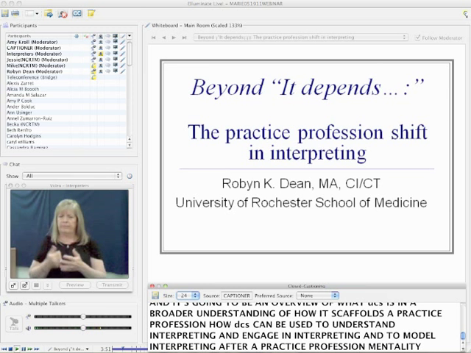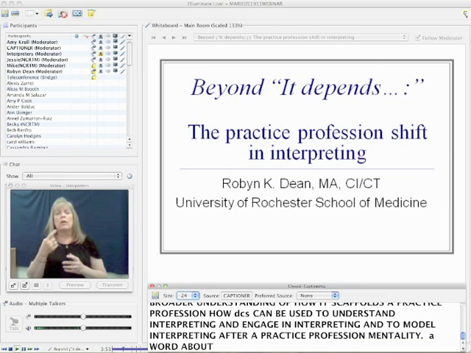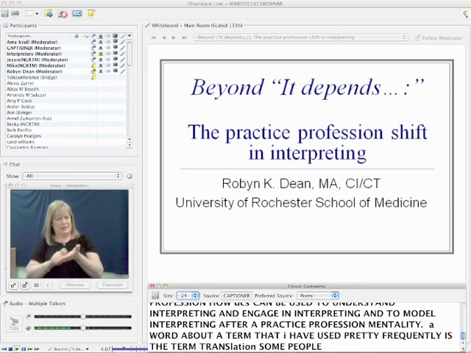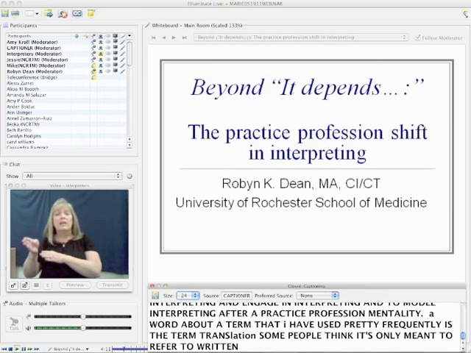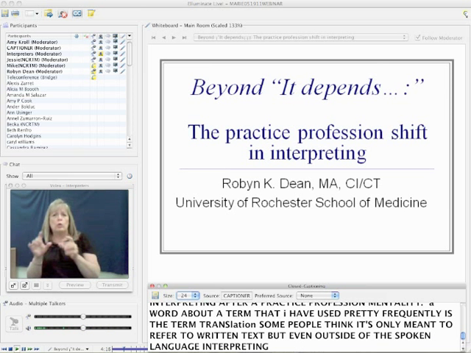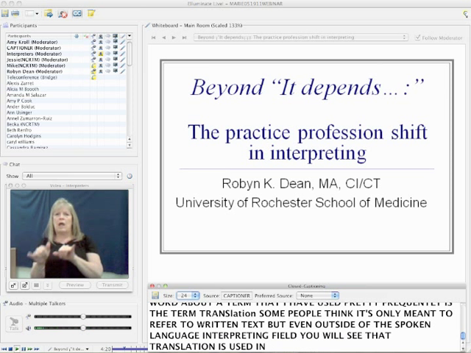A word about a term that I've used pretty frequently is the term translation. Sometimes people have the sense that the term translation is only meant to refer to written text, though if you look in literature outside of the sign language interpreting field, and even outside of the spoken language interpreting field, you'll see that translation is used quite interchangeably with the term interpretation.